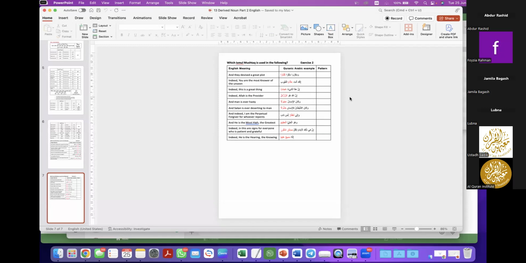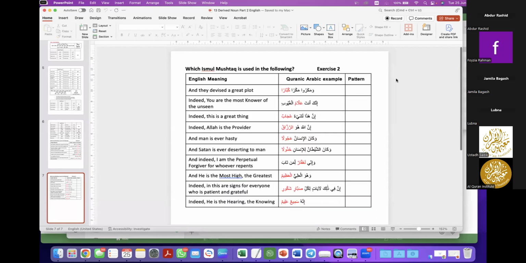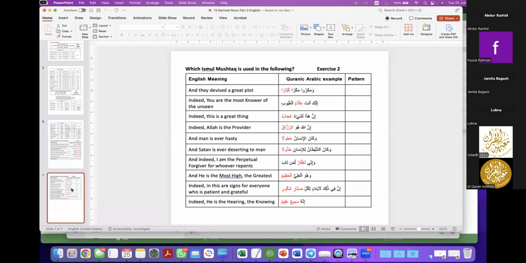In the last example, he is the hearing, the knowing. And now that we know the actual meaning behind these isms, we know there's much more. It gives us appreciation, especially when we talk about Allah, helps us appreciate Allah more. He's the most forgiving, and not just forgiving. He's the best of providers. He's always listening to us. He's all hearing. He's knowing of everything.